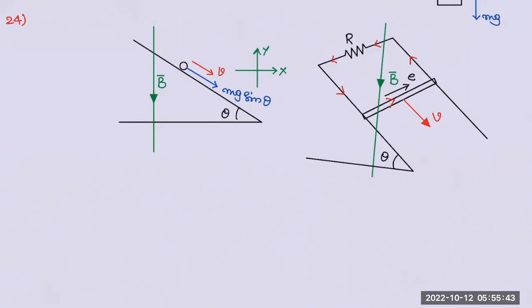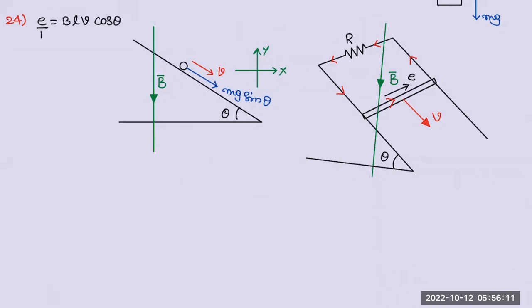V cross B. So EMF E is equal to BLV sin theta, where B is B, L is L, and V is V, with sin of the angle between them. What is the angle between them? 90 minus theta, right? Yes, sir. Cos theta. That's the EMF.